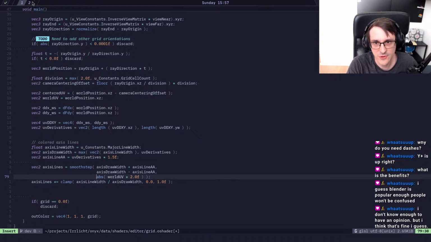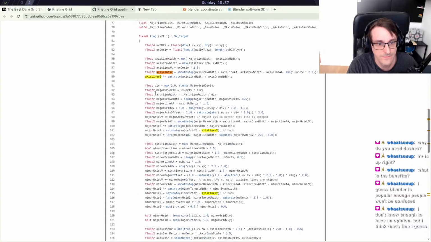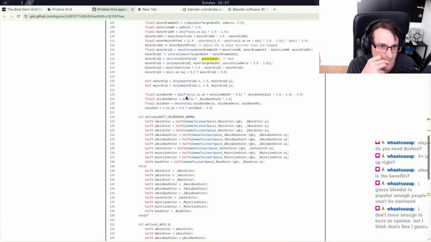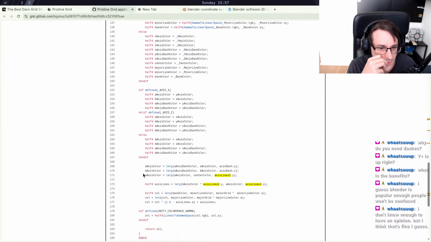But I mean, we can do just the major one, right? Like just this part. Should be enough, or can I? Maybe, just let me think. So this is the dash thing. And then here, that would just be an axis color, not the dash, B axis color.